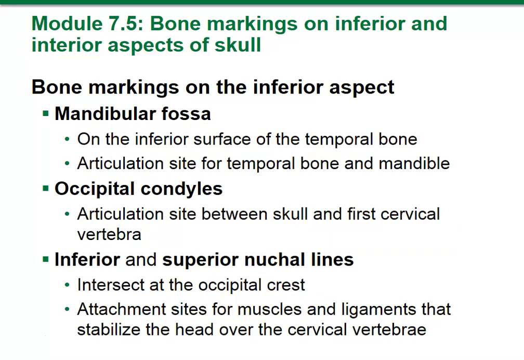I'll just mention the occipital condyles. You do see these at the bottom of the skull. These articulate between the skull and the first cervical vertebrae. They actually sit right on top of it, and they kind of rock on top of it. Two small facets that those fit into.